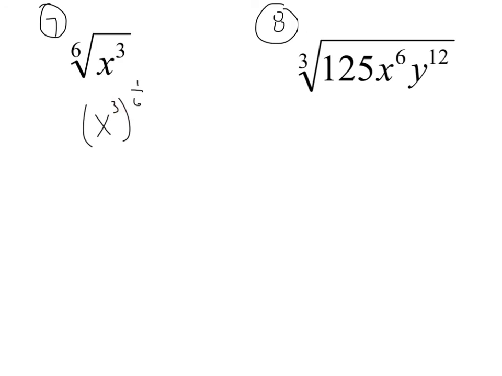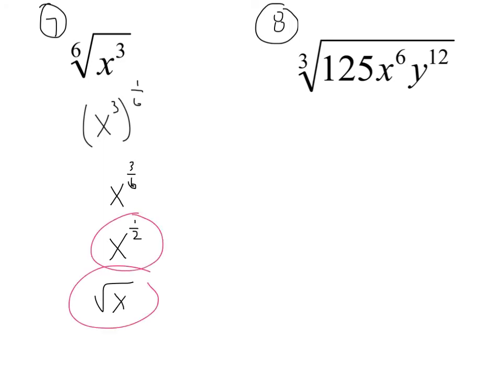So this is the same thing as x to the 3 times 1/6, which is 3/6, and that fraction can be reduced to x to the 1/2. So the 6th root of x cubed is actually the same thing as the square root of x. Either one of those answers is fine.